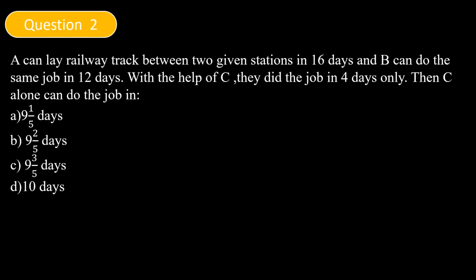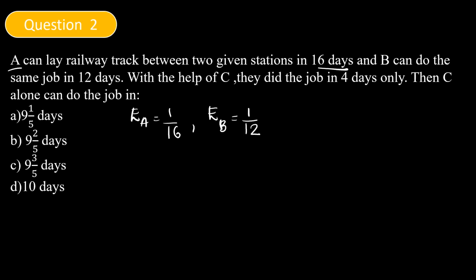Next question. A can lay a railway track between two given stations in 16 days and B can do the same job in 12 days. With the help of C, they did the job in 4 days only. Then C alone can do the job in how many days? So A can lay the track in 16 days, so the efficiency of A is 1 by 16. B can do the same job in 12 days, so the efficiency of B is 1 by 12.